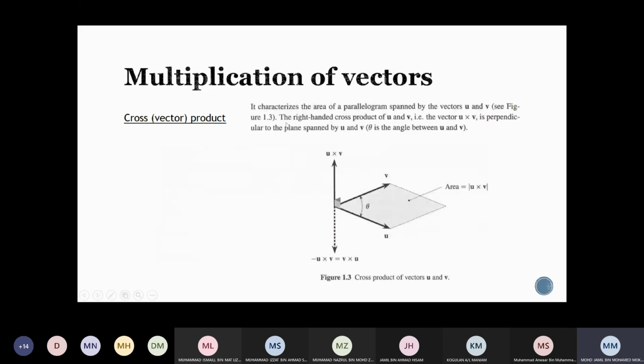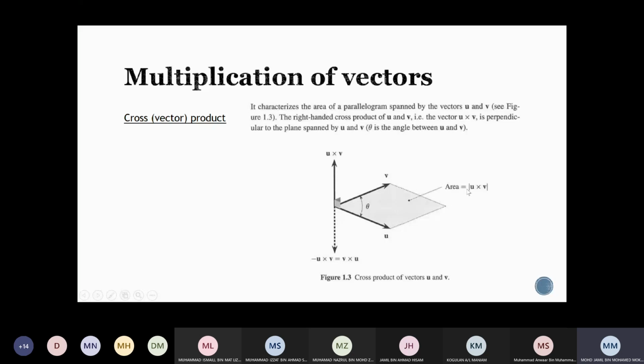Okay, so cross product characterizes the area of a parallelogram. So let's say you have two vectors u and v, and then the cross product is the vector perpendicular to u and v. Okay? Nah, macam dalam gambar ni, dia perpendicular.